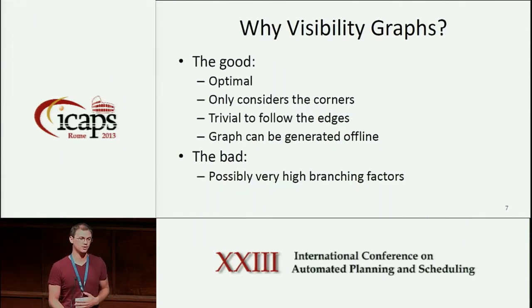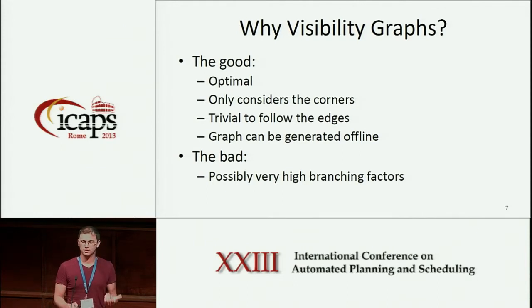So why do we want visibility graphs? Which properties of it help us? It is optimal, that's something we want. And it only considers the corners, and this helps us avoid looking at all the cells in the grid. And it is very trivial to follow the edges in visibility graphs, you just follow the line. In grids, it will not be the case, but we will try to emulate this.